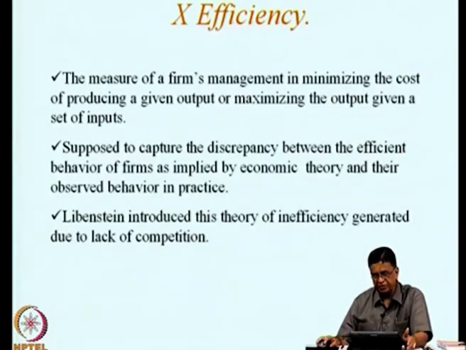It refers to the measure of a firm's management in minimizing the cost of producing a given output or maximizing the output given a set of inputs. The basic idea of the X efficiency is to capture the discrepancy between the efficient behavior of firms as implied by economic theory and their observed behavior in practice.